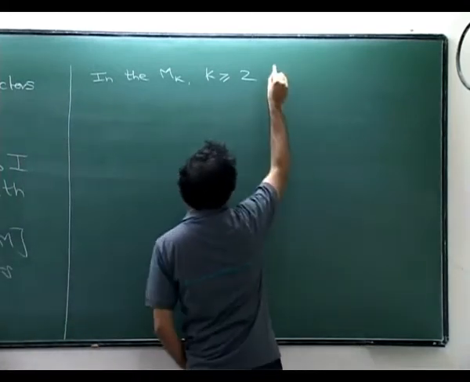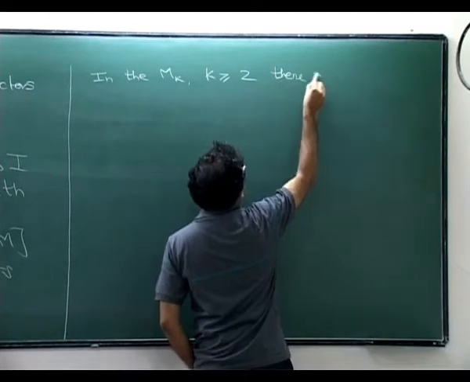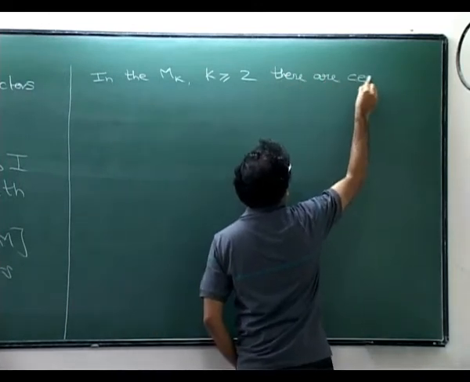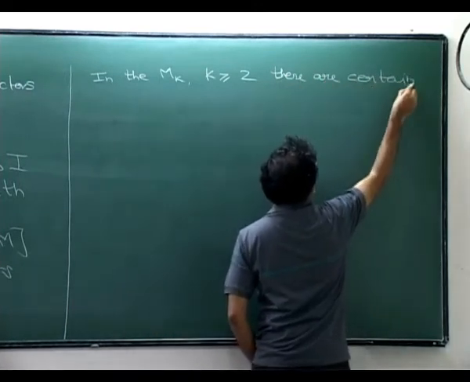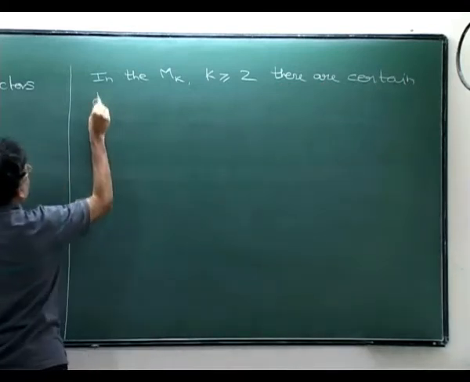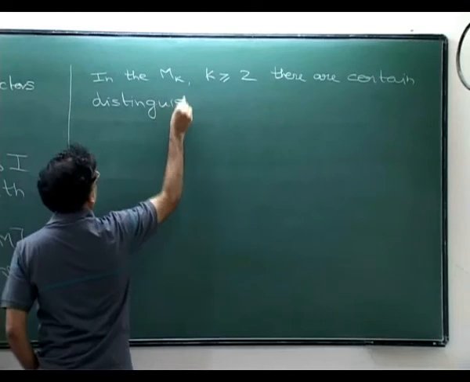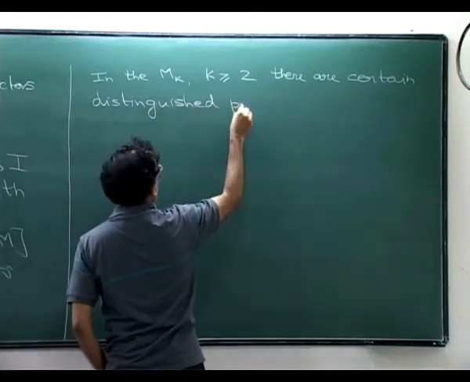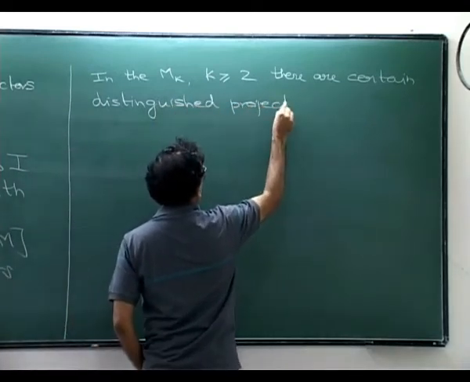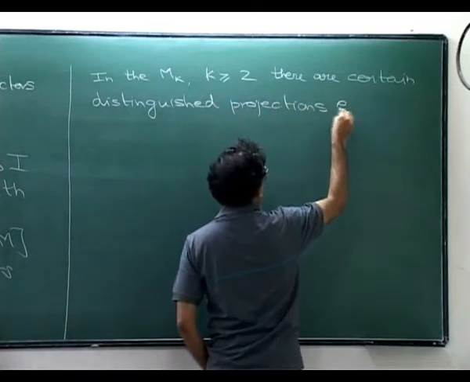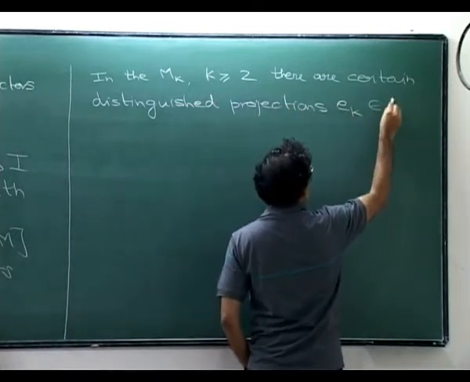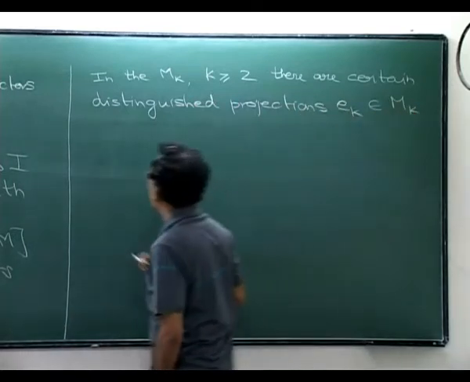So in the M_k, there are certain distinguished projections E_k. Very remarkable property.